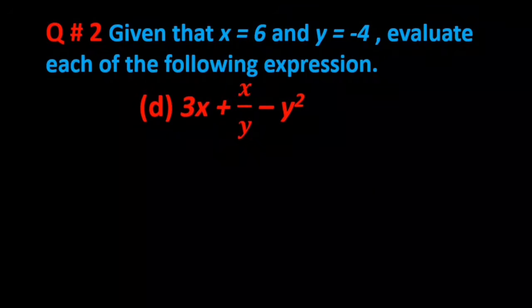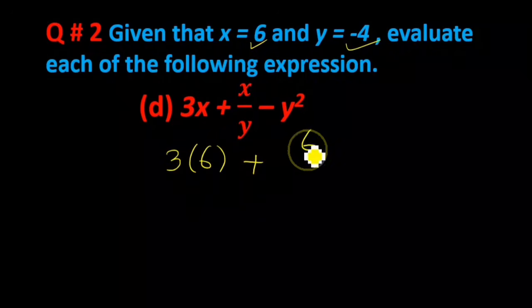Quite an easy question. So now the next question. The variable x has value 6 and the variable y is equal to minus 4. So again we will replace the values of the variables.